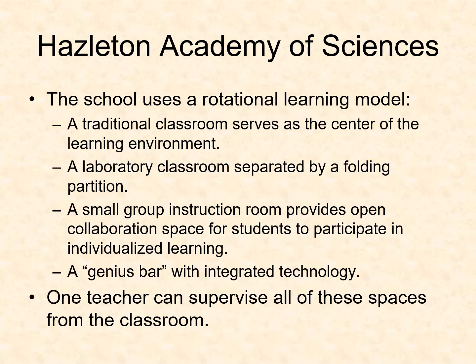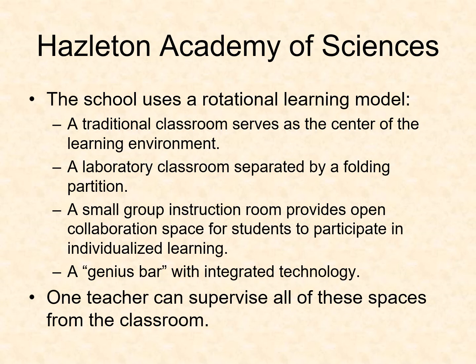The Hazleton Academy utilizes rotational learning as a model for its entire school, and it's set up in this way. They have a traditional classroom environment as the center of learning, and physically it's centered in the middle of the building. Then on the outskirts of the center, there are different areas or centers. Separated by a folding partition is a laboratory classroom.